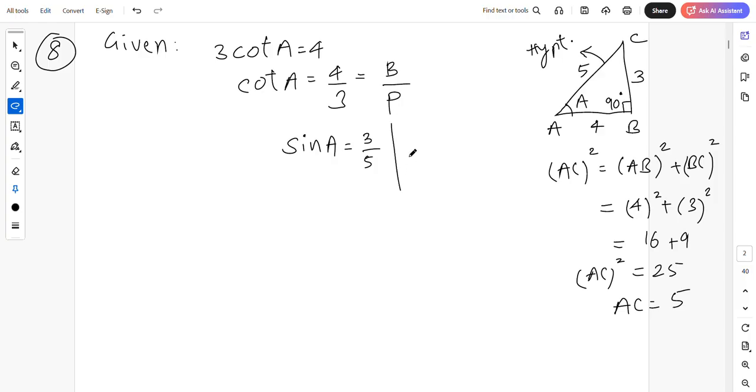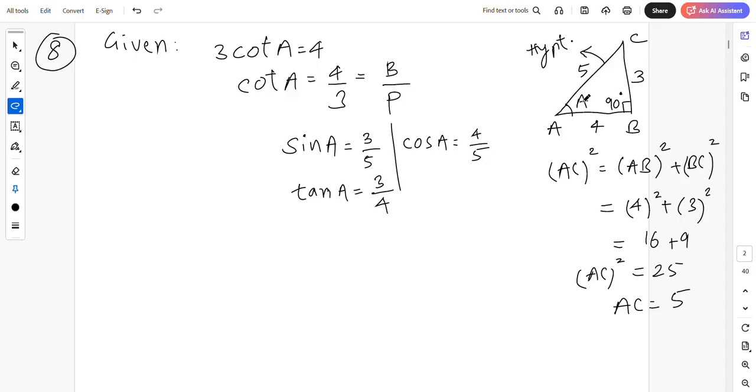Cos A is base by hypotenuse, that is 4 by 5. You require tan A also. Tan A is the reciprocal of cot, so tan A is 3 by 4.